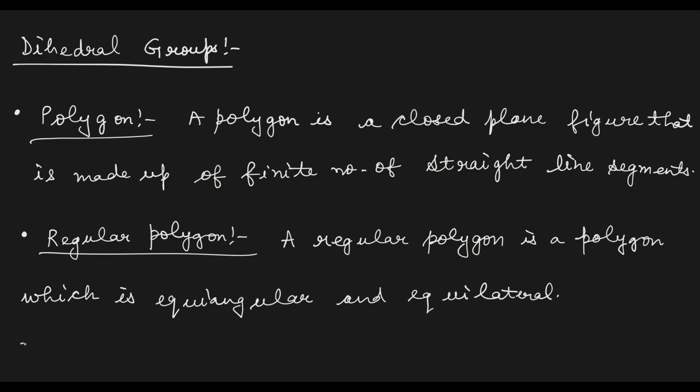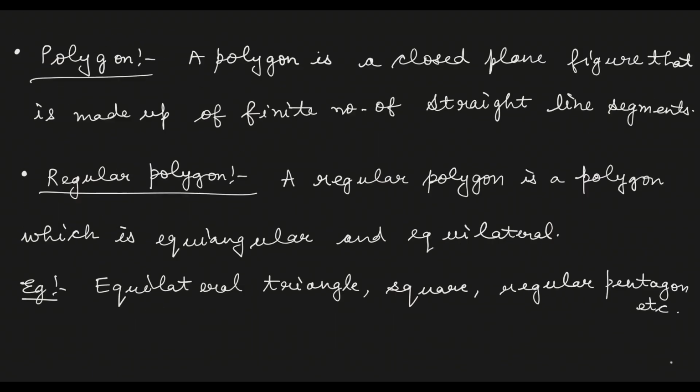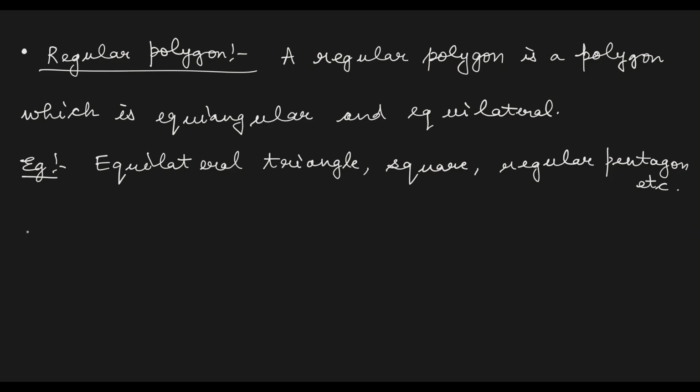For example, equilateral triangle, all the angles are equal and sides are also the same. Square, regular pentagon, etc. Next, simple polygon.